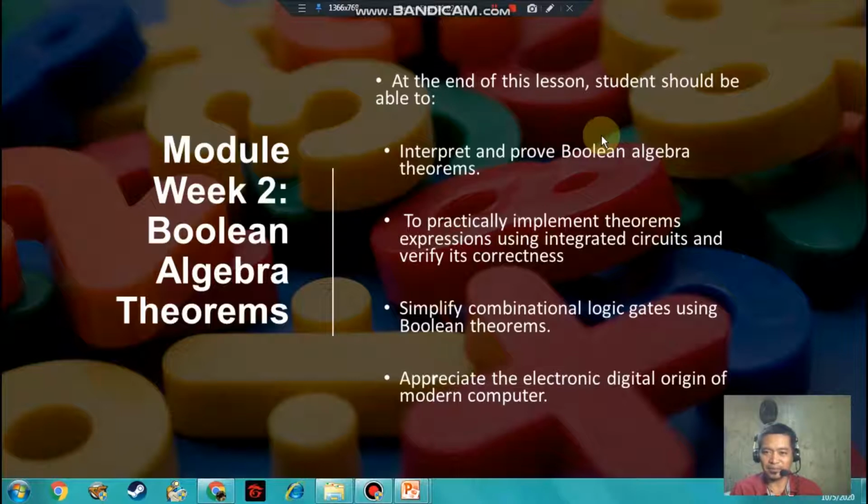Then, practically implement theorem expressions using combinational logic circuits. These combinational logic circuits are actually the basic building blocks of modern digital computers. And then how do we simplify logic gates or this circuit diagram using these theorems, and appreciate the electronic digital origin of the modern computer.